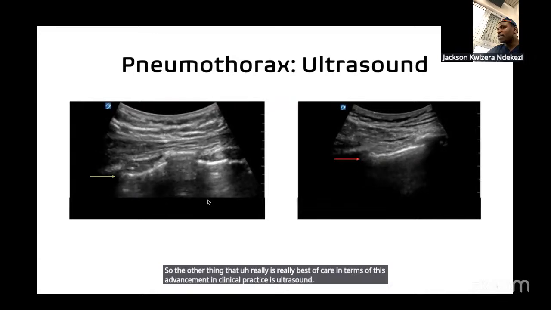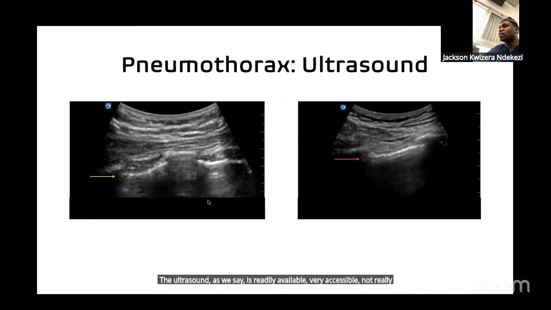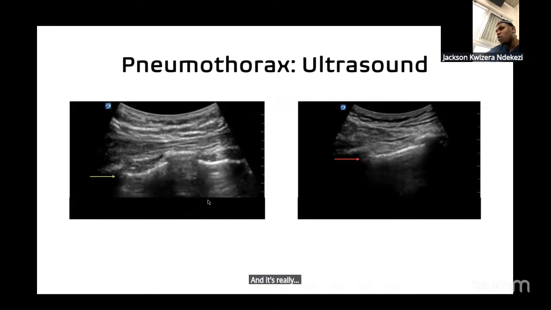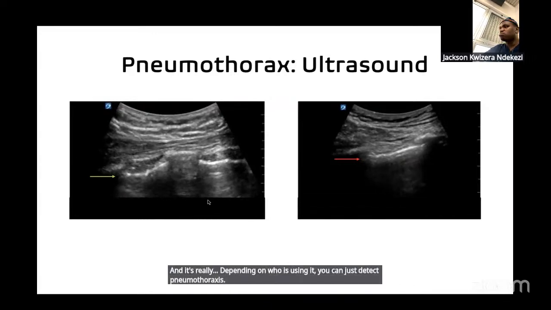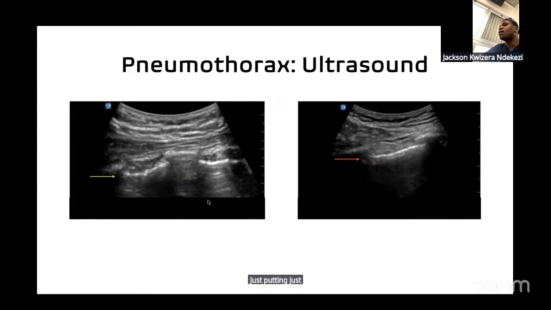The ultrasound, as we said, is readily available, very accessible, and not giving too much cost. You can use it at the bedside, and depending on who is using it, you can detect pneumothoraces just by doing a chest ultrasound or scan.